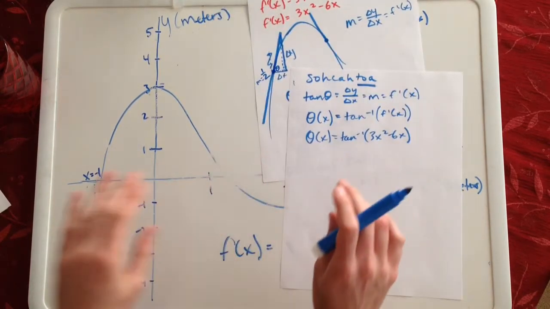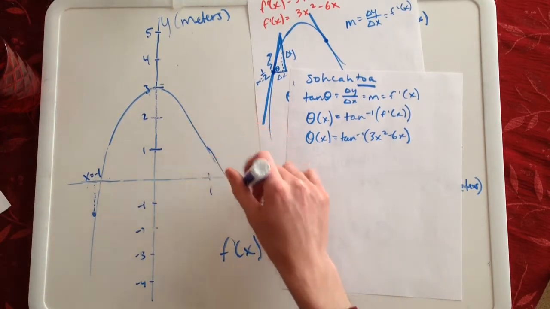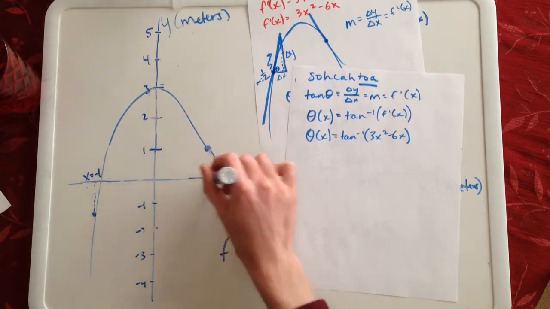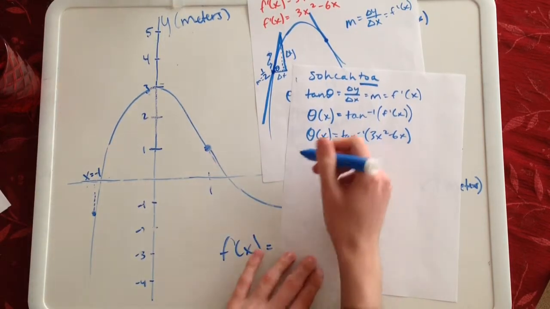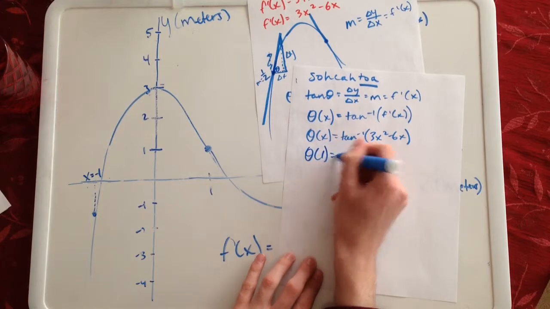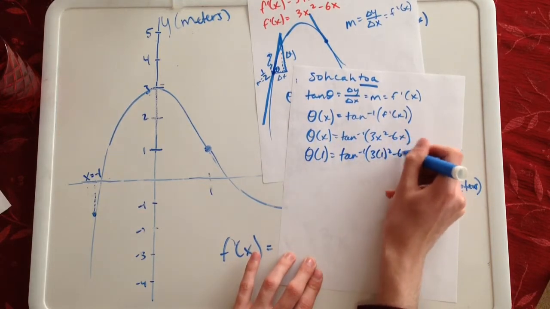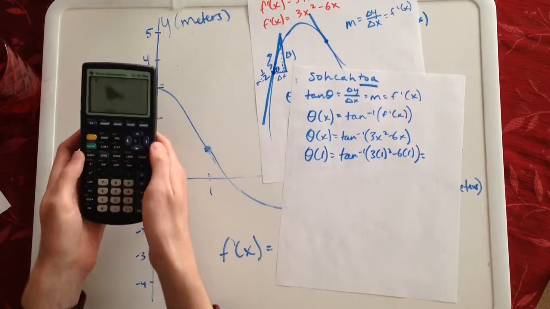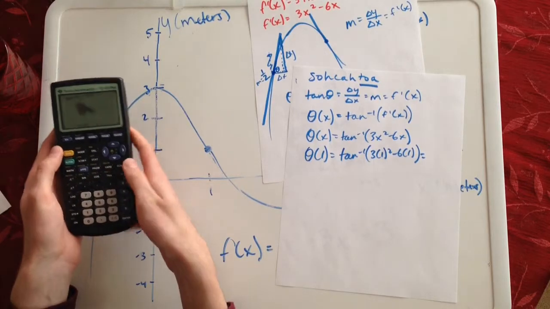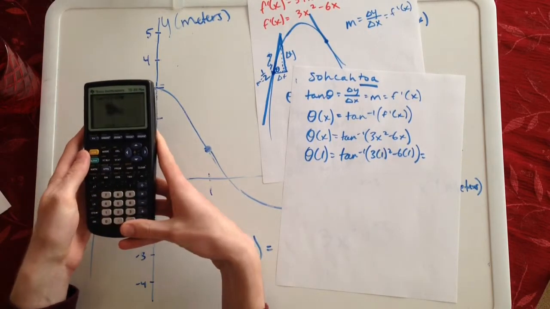So say the value of, the graph got kind of erased, but the value of 1, which is about right there, looks like it's downward sloping a bit. Let's find the angle at the value of 1. So theta of 1 equals tangent inverse of 3 times 1 squared minus 6 times 1, which equals, using my calculator, tangent inverse of 3 minus 6, and don't worry if you can't see the screen, I'm just typing stuff in.